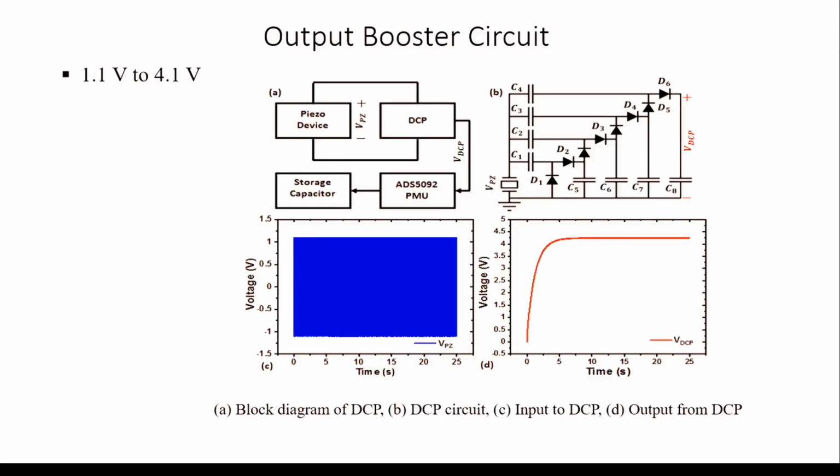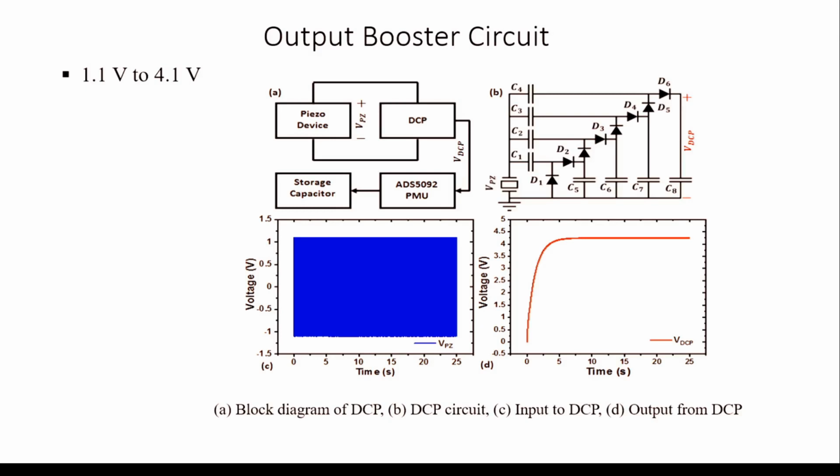Further, we have used a Dickson charge pump circuit to boost this generated output into a higher output, so that it can be useful for practical applications. In this circuit you can see the combination of capacitors and diodes. The diodes are Schottky diodes, which have a voltage drop in the range of 200 to 350 millivolts.